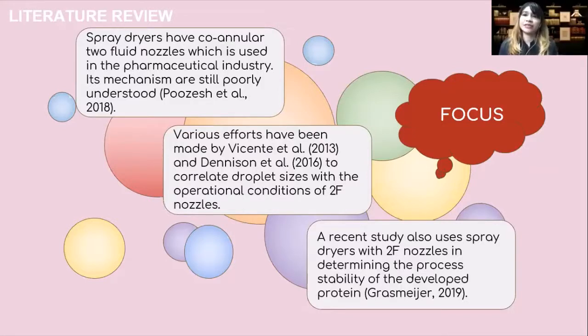Various efforts have been made by Vicente et al. 2013 and Dennison et al. 2016 to correlate droplet size with operational conditions of two fluid nozzles. A recent study also uses spray dryers with two fluid nozzles in determining the process stability of the developed protein.